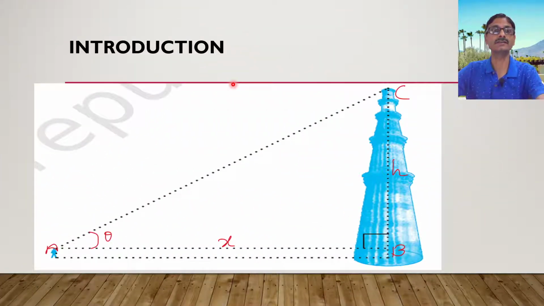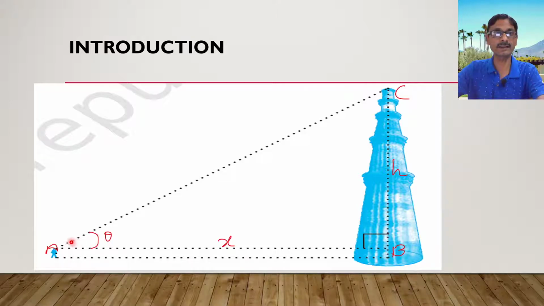To introduce, let us think of a scenario when a student is standing in front of the Qutub Minar. A student thinks of finding the height of the Qutub Minar, but practically it's not possible to climb over it to find the height. Trigonometry comes to his rescue in such scenarios.